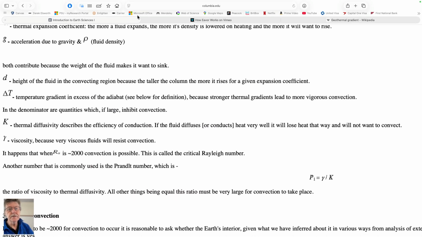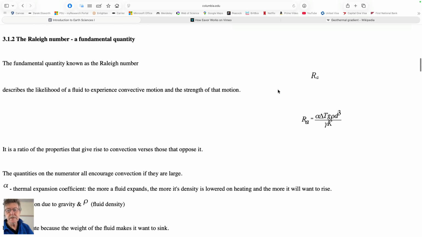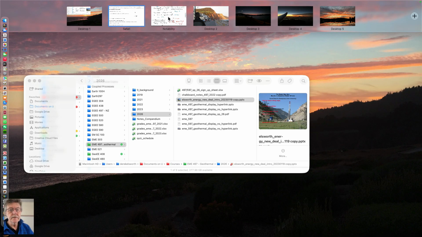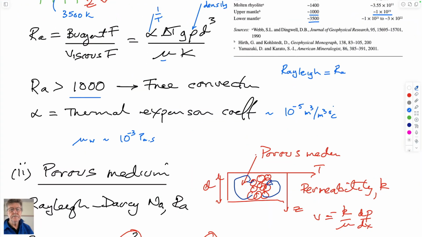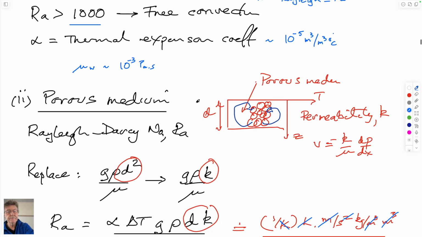It's the thermal diffusivity that I just defined, so this is the same expression we're using. This is thermal diffusivity, in units of length squared per time, meters squared per second.